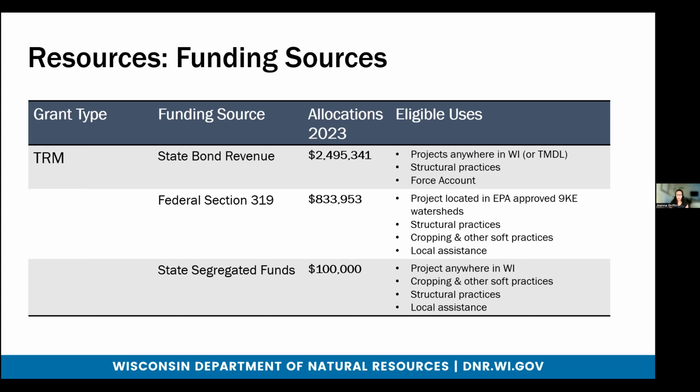We try to use this funding for cropping and local assistance because it's really the only source of funding that can cover those practices. We also have state segregated funds, which are flexible. They can be used anywhere in Wisconsin for cropping, structural, and local assistance. However, we only receive $100,000 a year in that funding.